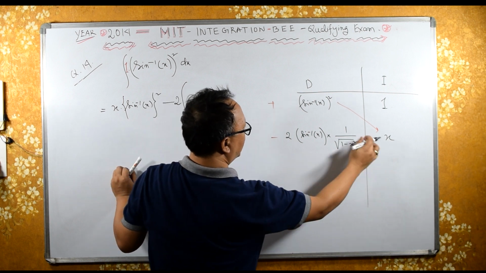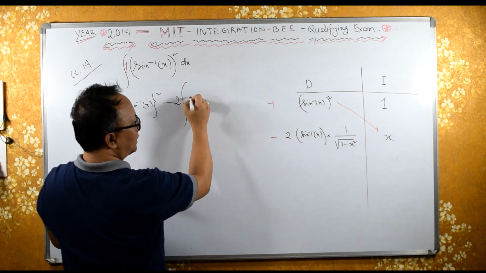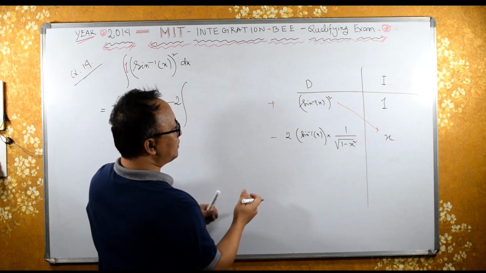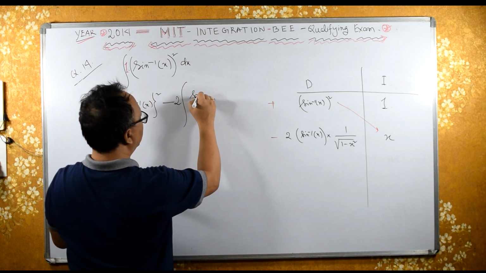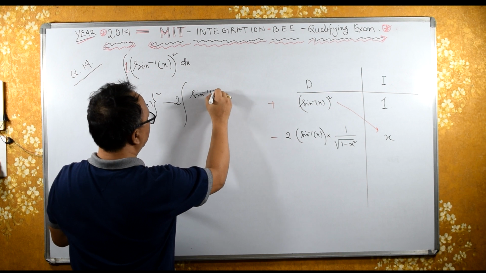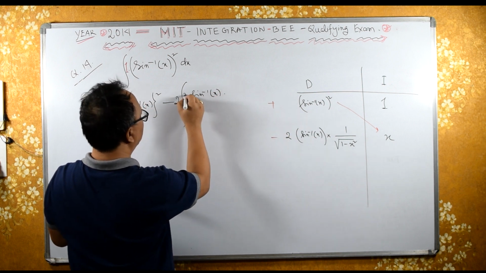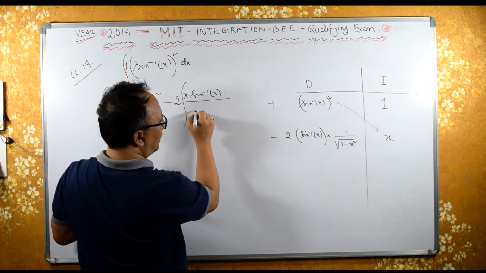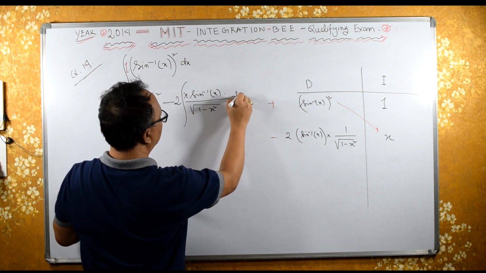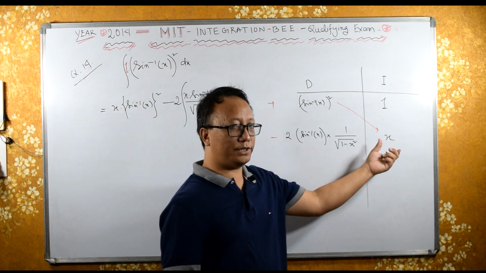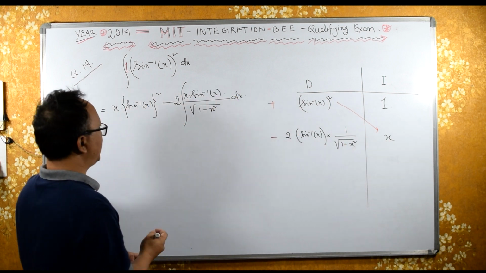Here sin⁻¹x, and in the numerator we have x, upon square root of 1 minus x² dx.